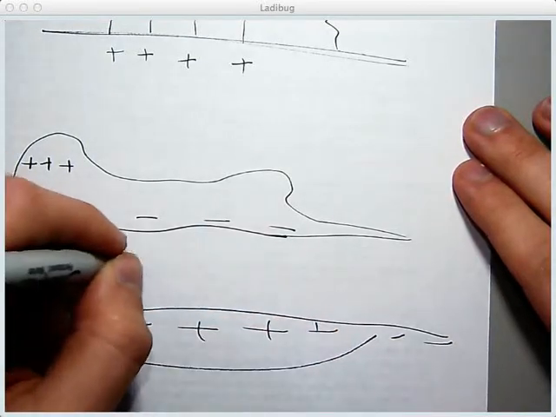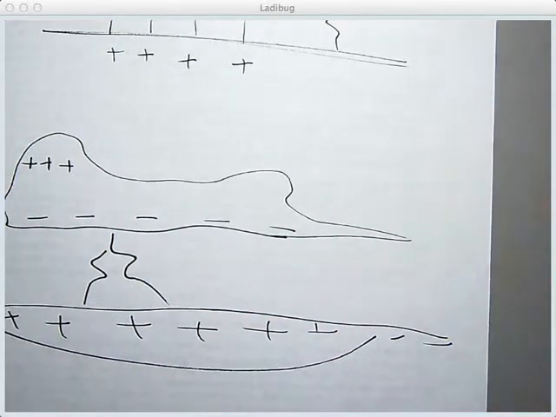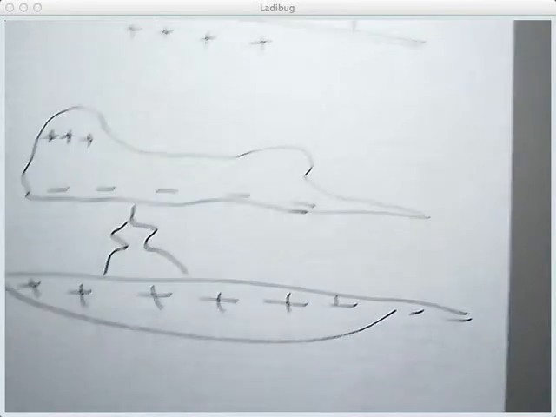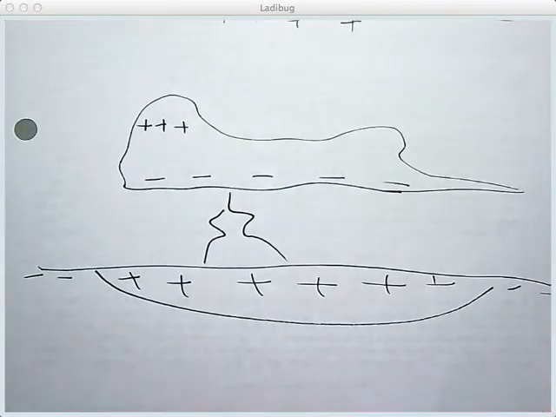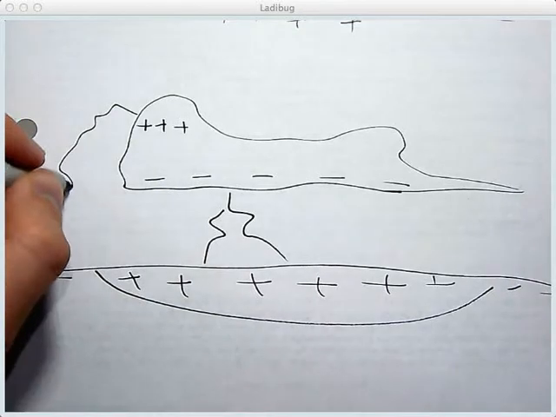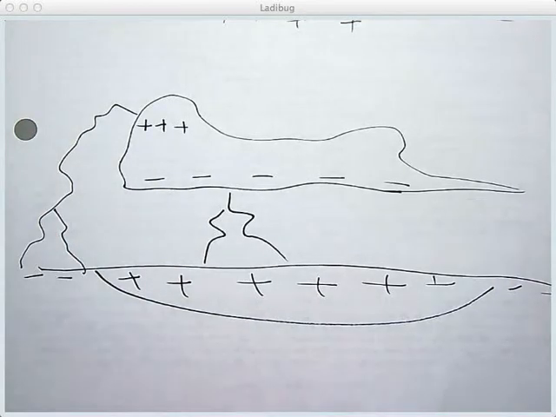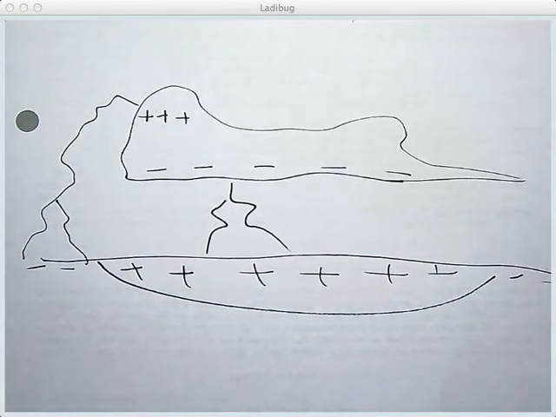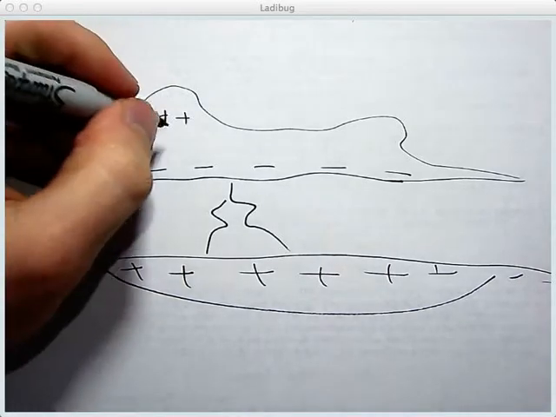So while we have some lightning going down that way, we'll actually have some that'll go inside of the cloud. Is that possible? Oh yeah.